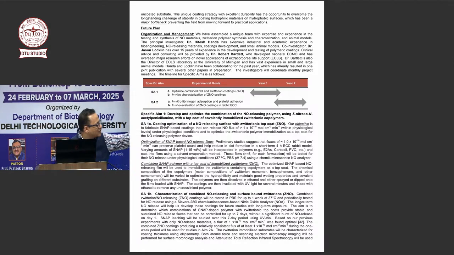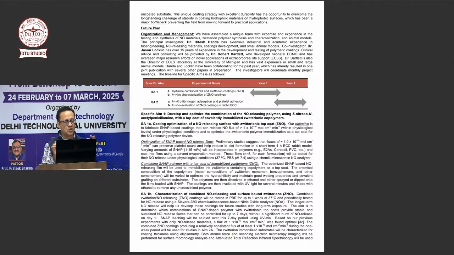We will make the nitric oxide surface, we will covalently bind the zwitterion, we will characterize it. You don't need to read it, I'm just reading from here. We will test at 37 degrees, 7 days is written. So we want the release and coating to be stable for 7 days. For 7 days, it should release at least 1 times 10 to the power minus 10 flux.